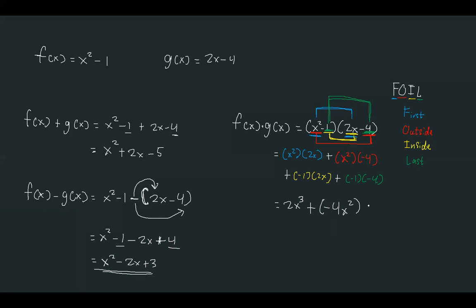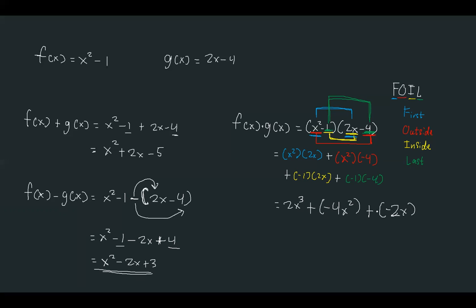All right. Plus, next for this one, the inside terms. The inside terms here is negative 1 times 2x. So the product would be negative 2x. Right? Negative 2x. So again, two conflicting operations. So we're just going to leave it be for a while.